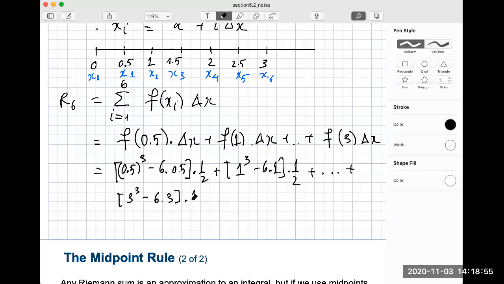Perfect, that's it. And delta x is 1/2, right? Sum them up, it will be negative 3.9375. That is the right endpoints formula.